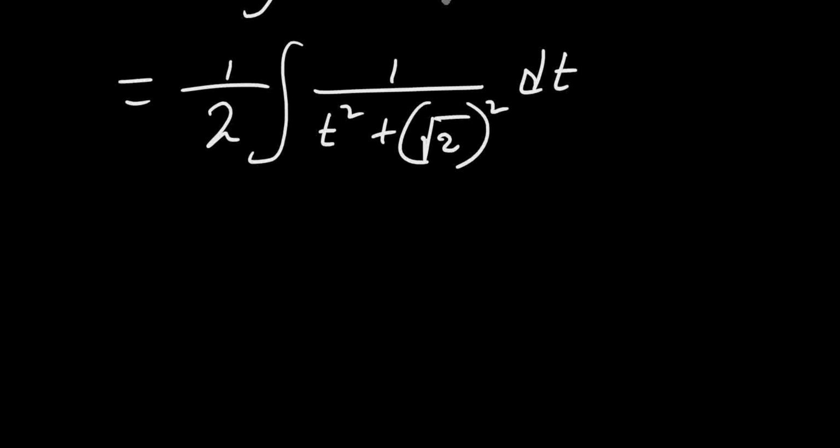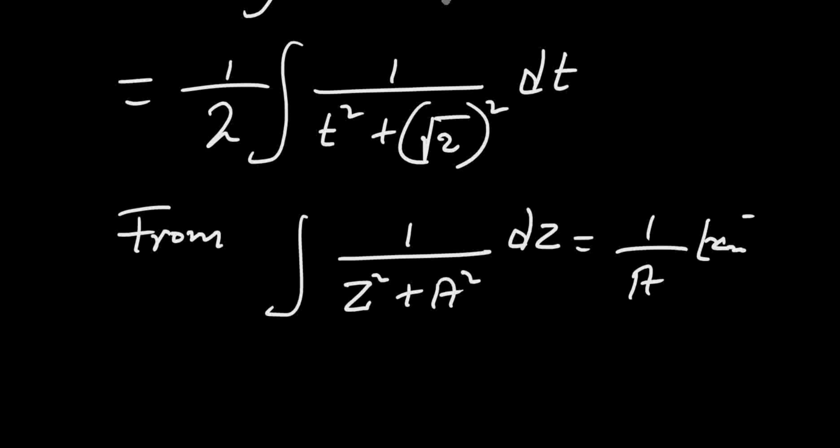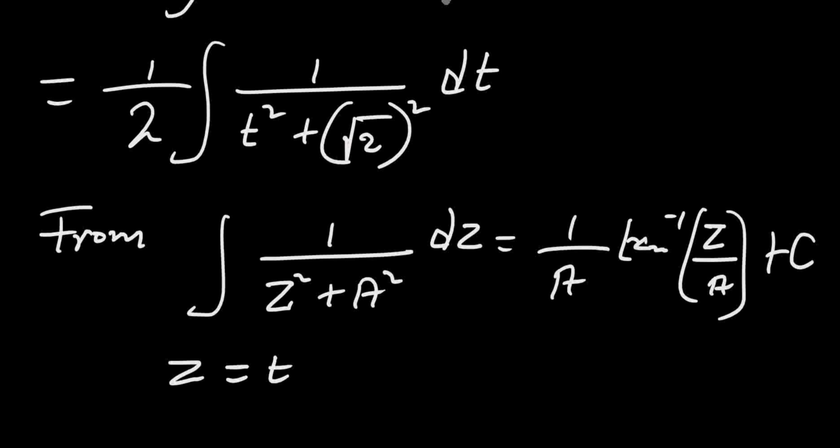So now from the integral of 1 over z squared plus a squared dz equal to 1 over a, the reciprocal of tan, z over a in parentheses, plus c, we can say z is equal to t and a is equal to root 2.